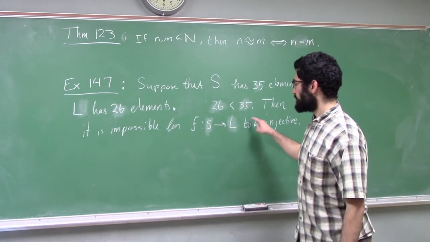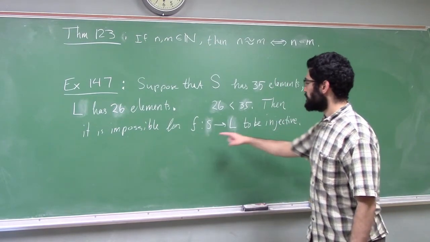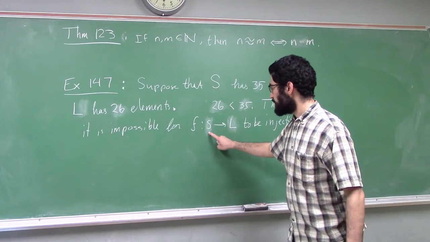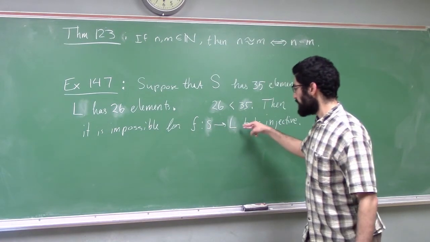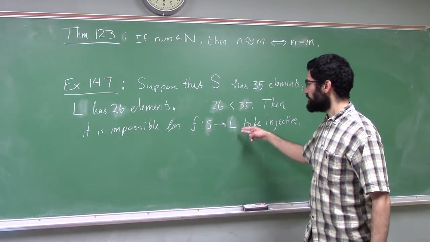Then, the fact that f cannot be injective is telling us there are at least two students that get mapped by f to the same letter, meaning there are at least two students who have the same first initial.